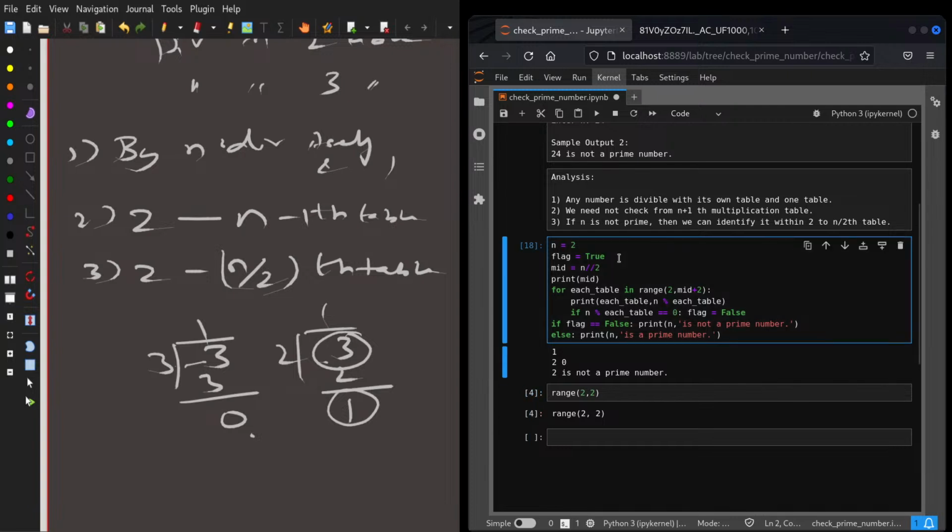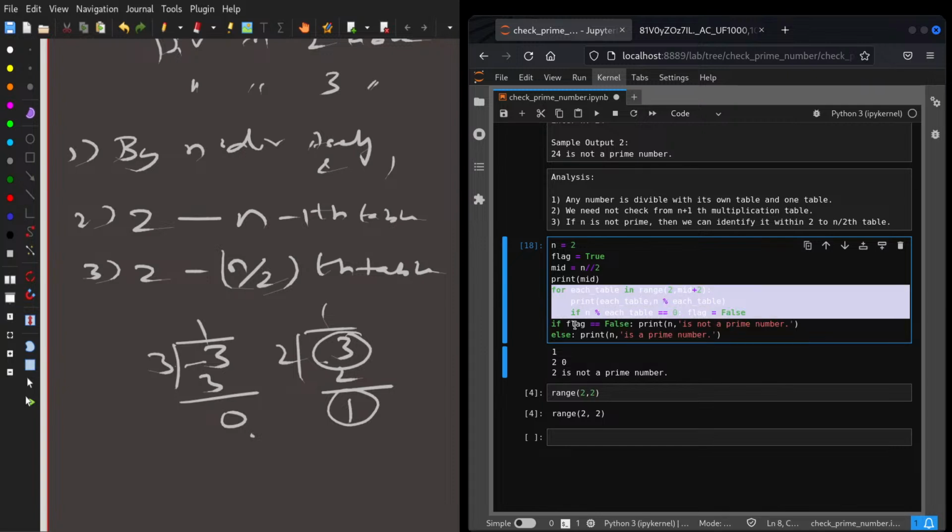By default, as we are giving flag equal to true, even if we give 2, though we start over here, our loop will not run. But by default, we are giving our flag as true, so in this if condition, it will work correct.